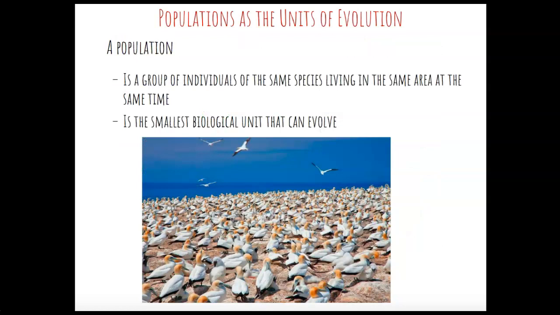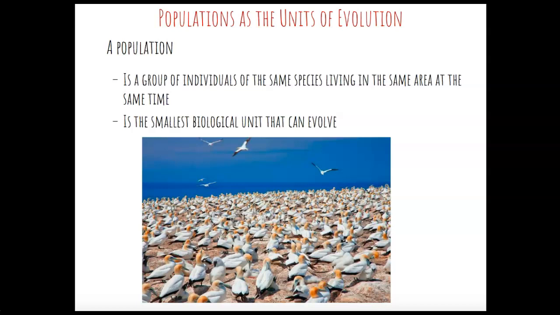So a population is a group of individuals of the same species living in the same area at the same time. A population can be any group of individuals, and the scale of the area that we're interested in depends on the researcher and their question of interest.